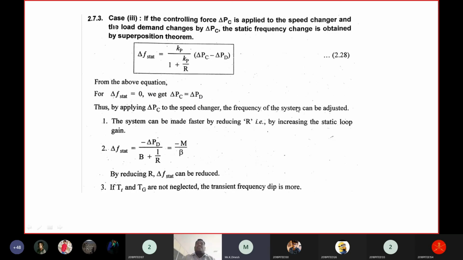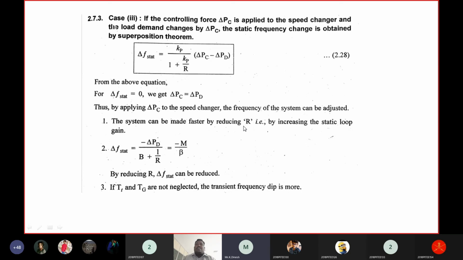So what happens if I apply this statement here? The system is made faster by reducing R. So once you keep reducing R more and more, the static loop gain increases. And one more thing: my del F stat equals minus del PD by B plus 1 by R, that is minus M by beta.